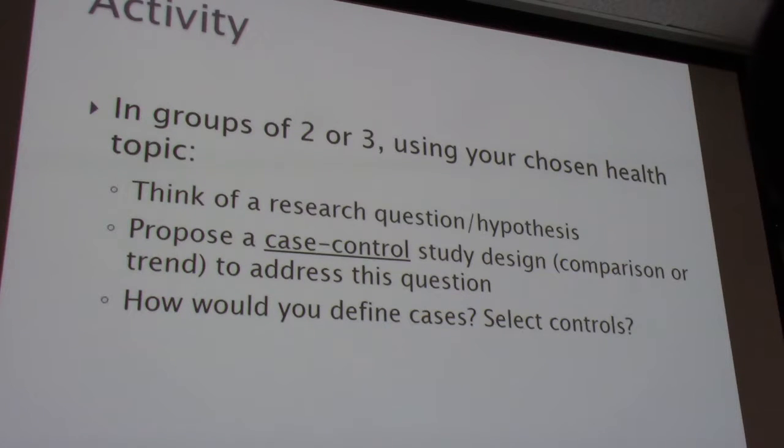Cases would be people who either are actively in university currently or graduated. And then comparing them to the controls, people who didn't go past high school education from their communities, of similar age and sex.